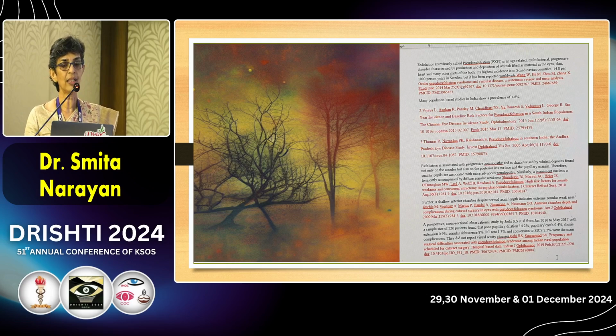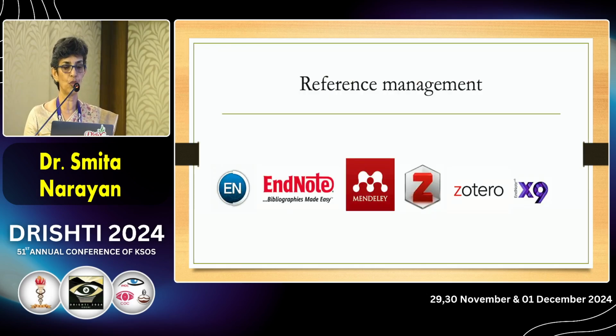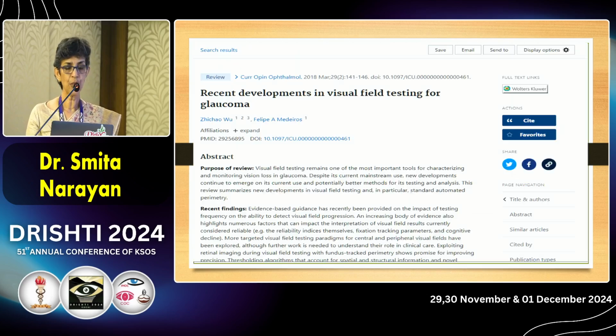That is where reference managers are most useful. The common reference managers are EndNote, Mendeley and Zotero. EndNote is a paid subscription-based service, while Mendeley and Zotero are freely available. Mendeley is available as Mendeley Reference Manager and Mendeley Cite. Working on these is a very intuitive process. I click on the article of interest, and the PubMed index number is available.